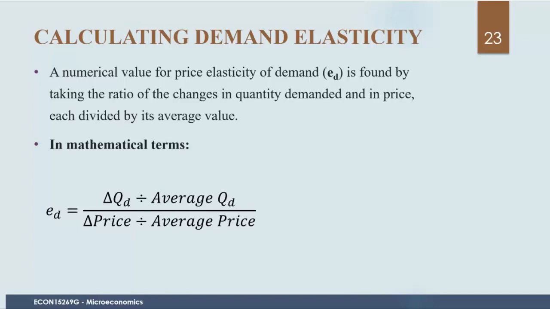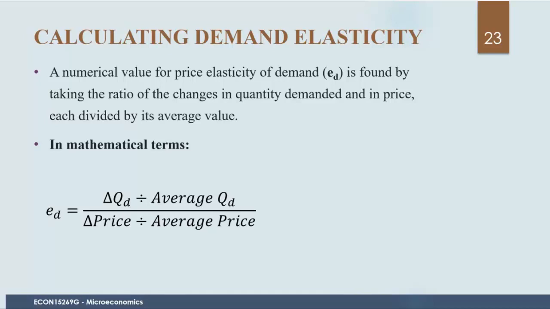But when we calculate either of these, we're going to use the average price and the average quantity. So that's the general formula. Usually we need to know what direction we're talking about and that sort of thing, but we're just going to use this midpoint formula to calculate it, okay?